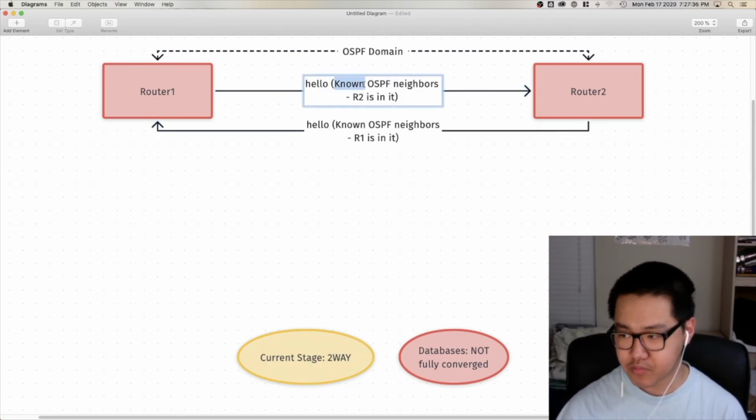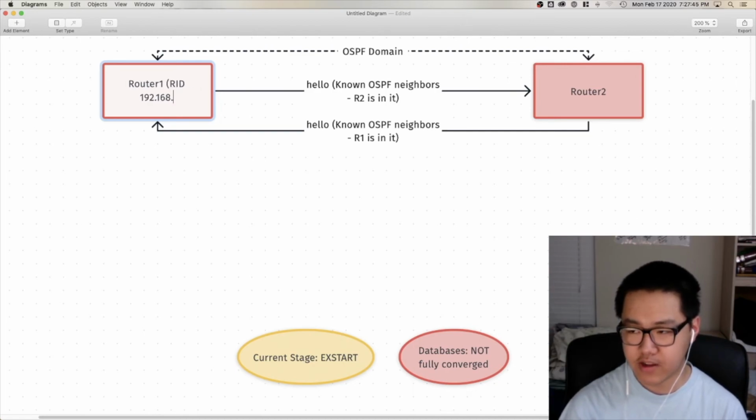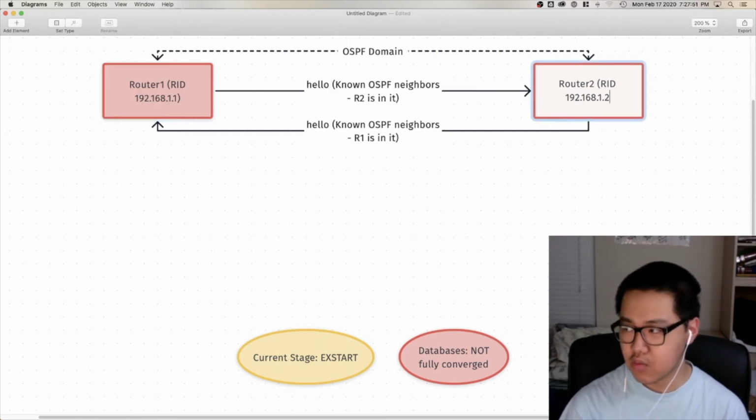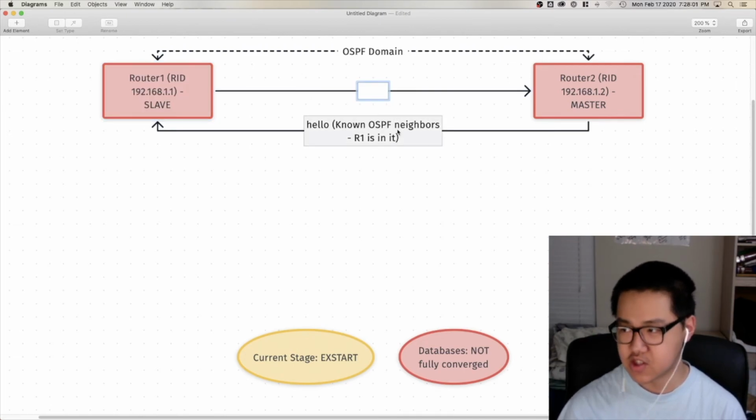Yeah. So now we're just going to move straight into exstart. So let's assume that this router has a RID of 192.168.1.1. This router has a RID of 192.168.1.2. So this is going to be our master, and this is going to be our slave. Again, this is not the 1800s, you history nerds.